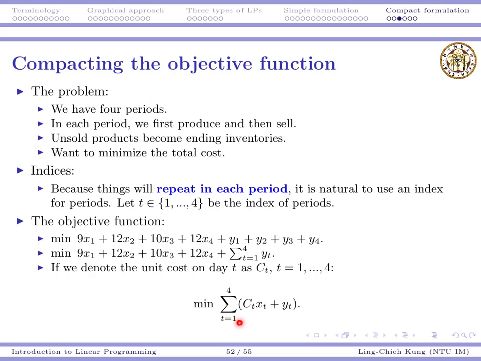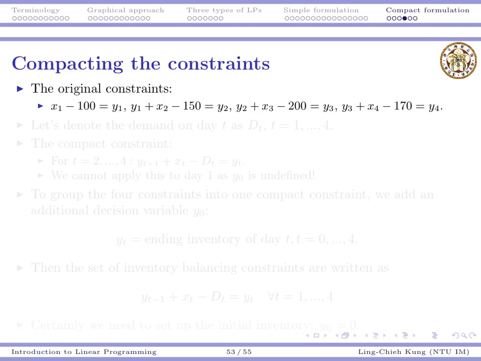For t is 2, I am doing 12x2 plus y2. And this summation gives me the 8 terms here. So when I have something that means the same thing in different days, I can give them a single name with index to represent all of them, just like what we are doing for variables. By doing so, I can simply use this as my objective function.